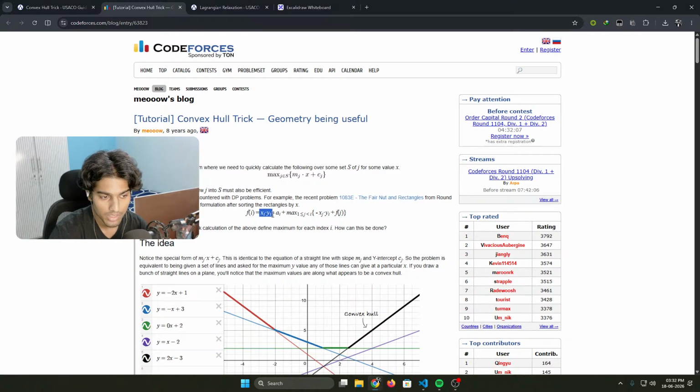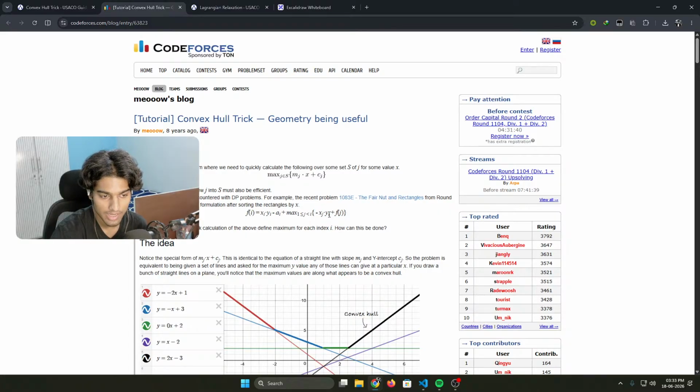So we have some sort of DP formulation plus max of, okay, so f of i, we need to find the maximum of all from j from 1 to i. This I believe is an equation of a straight line. So we have a negative slope, and the slope is going to be what?